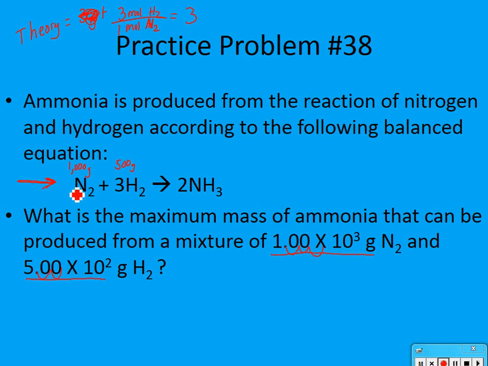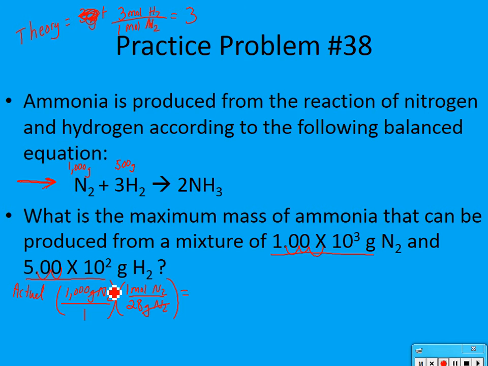Now let's see what we actually have. Actual, we're going to start with our actual amounts. Let's do nitrogen first. So we got 1,000 grams of N2. Put it over 1. Let's take that to moles. In 1 mole of N2, how many grams are there? 28.